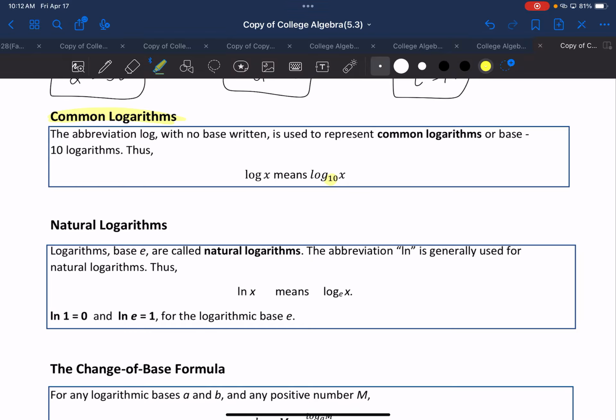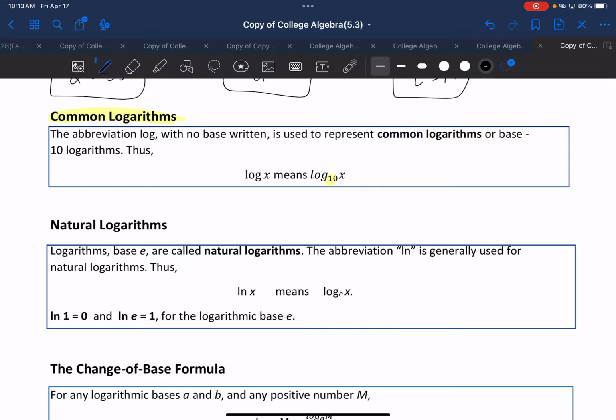This is the most commonly used logarithm, when the base is 10, because we have a base 10 number system. Every time we count by tens, everything starts over, like 10, 11, 12, 20, 21, 22, 30, 31, 32. So that's our number system, base 10, the easiest number to work with for these logarithms.